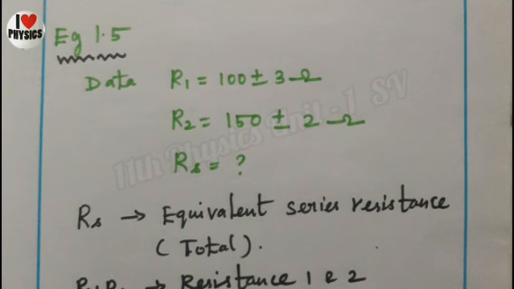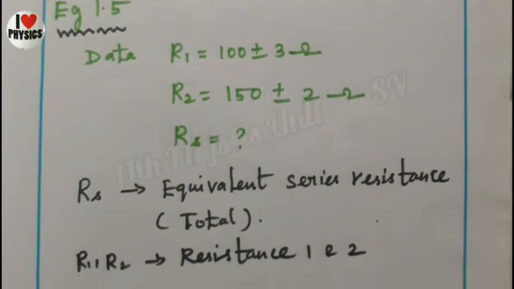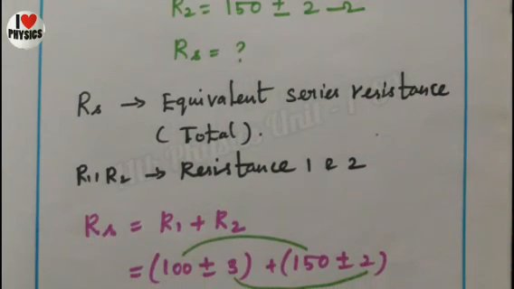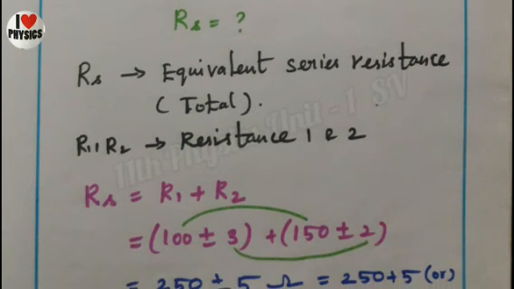So RS equals what? RS is the equivalent series resistance, that means the total resistance. R1 and R2 are the resistances 1 and 2. The equivalent series resistance formula is RS equals R1 plus R2.